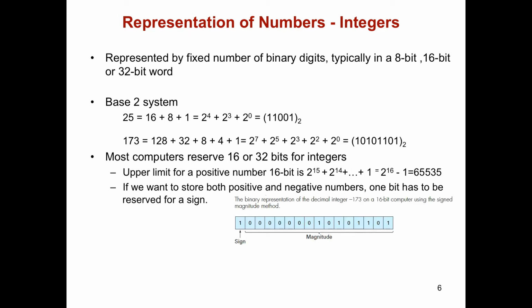So this is how it looks if I have 16 bits. One of them will be reserved for the sign, and the rest of them, I think this is that 173 that we used. So this would be a negative 173. The rest of the bits are there for magnitude.